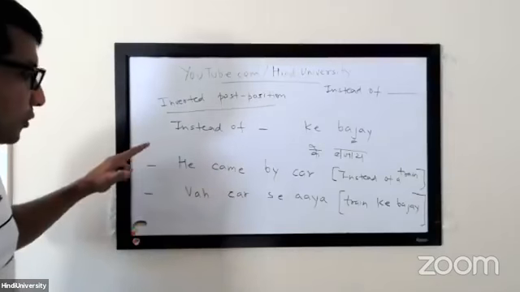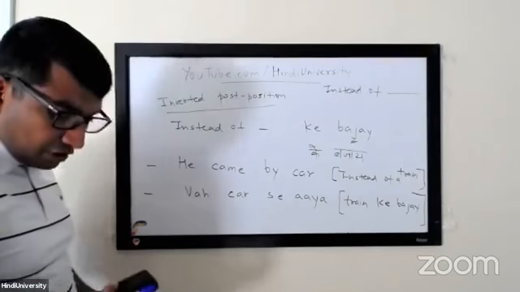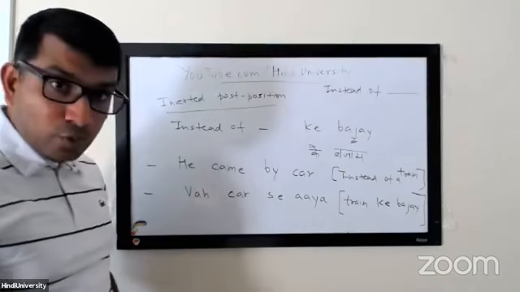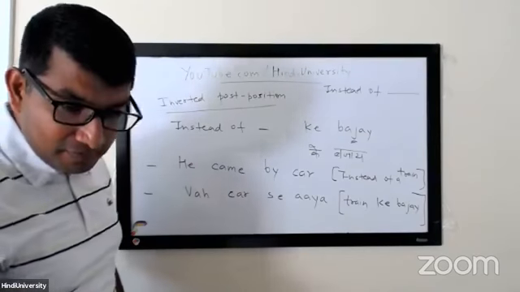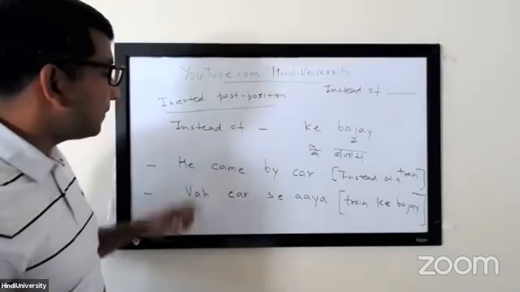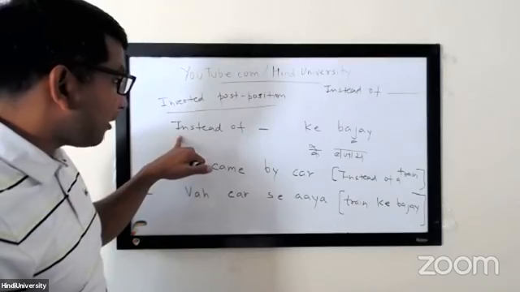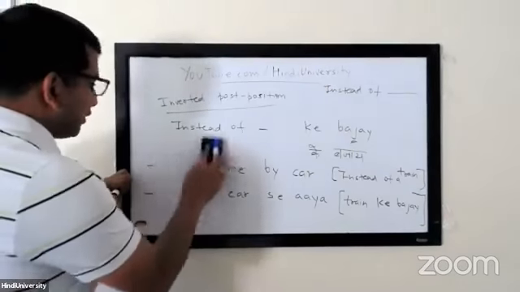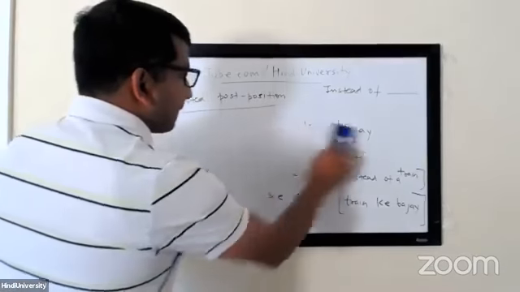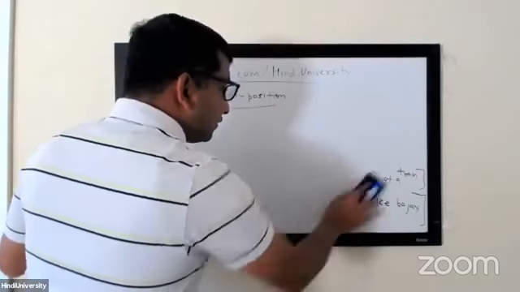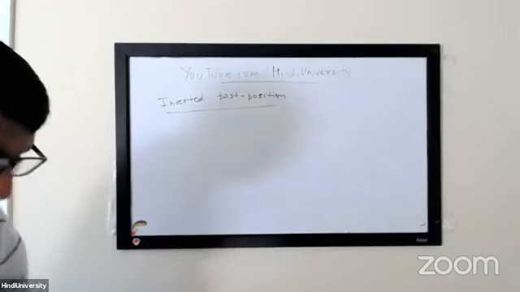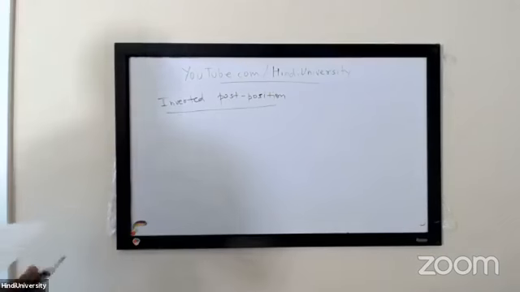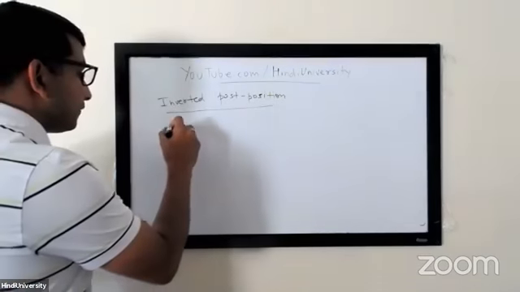There are two more. So we just covered, before this we covered without. Okay, without was ke bina, and instead of is ke bajay. There are two more that Rupert Snell covers. Which is basically on account of.